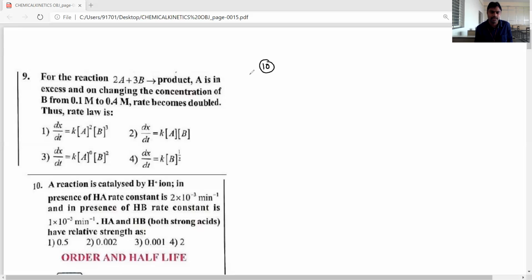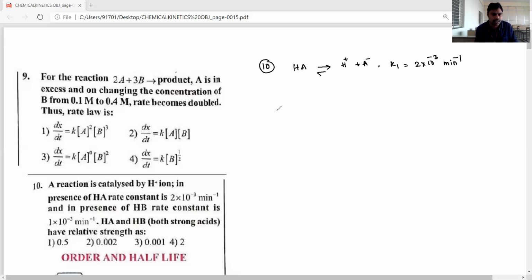In the presence of HA, one reactant, one acid, HA is converted into H plus plus A minus, and its rate constant K1 is 2 into 10 to the power of minus 3 minute inverse.